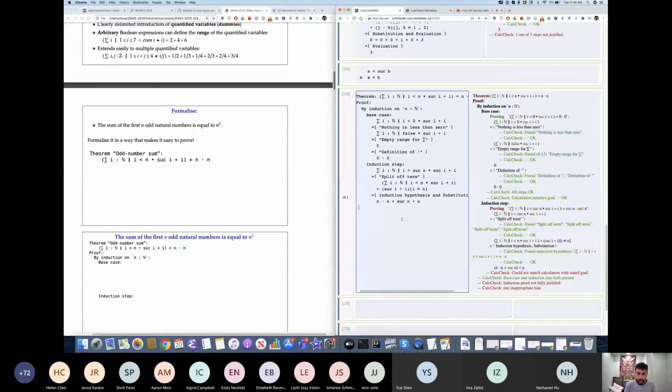All right, so one more step. Who knows what the final step is? Who wants to guess the final step? Does anybody want to just try a random guess?